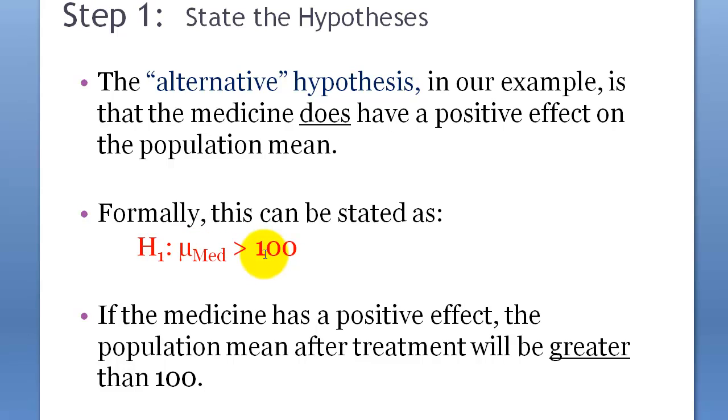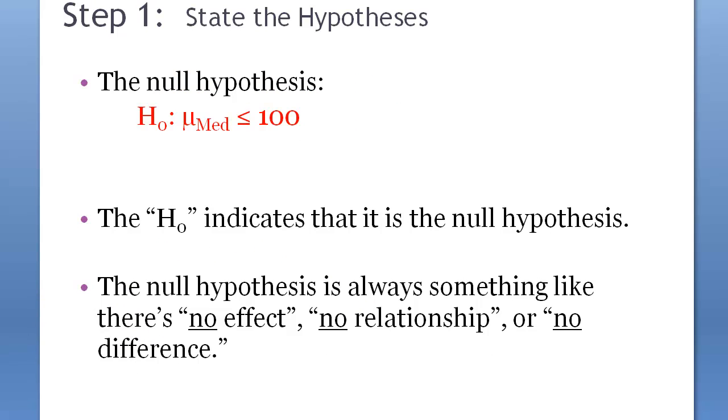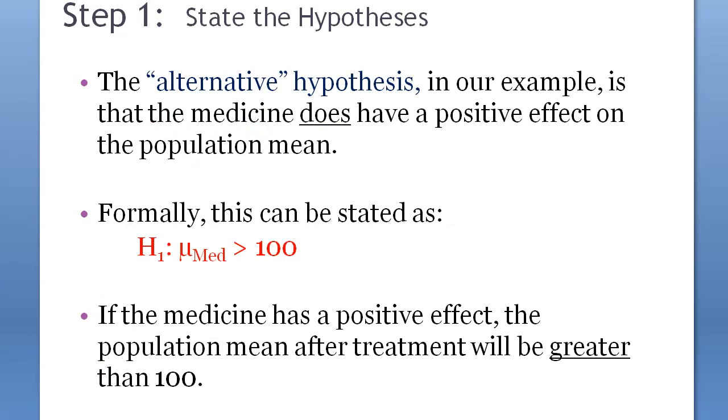That's how you write it. If I follow the steps and use notation, the null hypothesis is mu med is equal to or smaller than 100, and the alternative hypothesis is mu med is greater than 100.